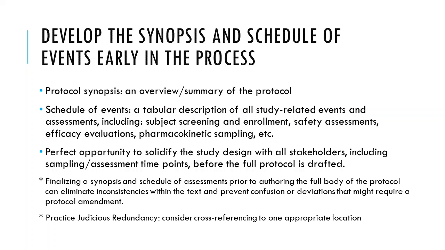In your protocol, consider cross-referencing to one appropriate location. That way, when you make an amendment, you only have to change it once, and we don't run the risk of overlooking one area, which can lead to confusion or lots of stipulations from the IRB.